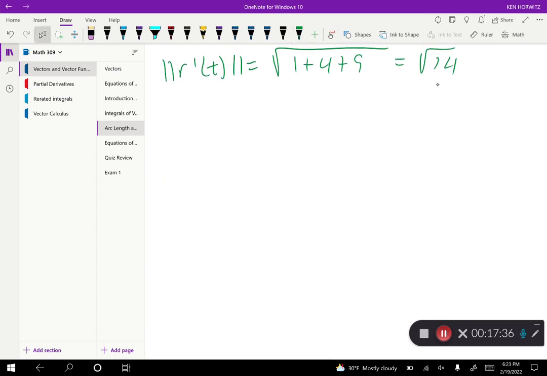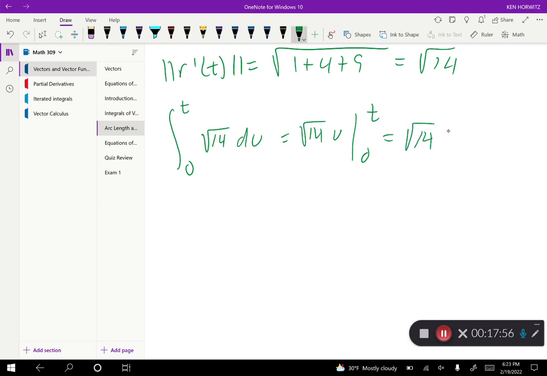So when I set up my integral, I go from 0 to t, square root of 14. I'm going to use u as my placeholder variable. So when I integrate, I get square root of 14 u from 0 to t. And when I do the first fundamental theorem of calculus, I get square root of 14 t.